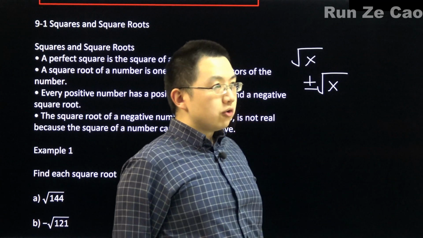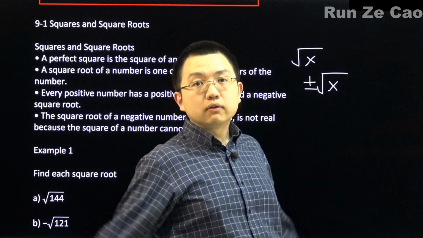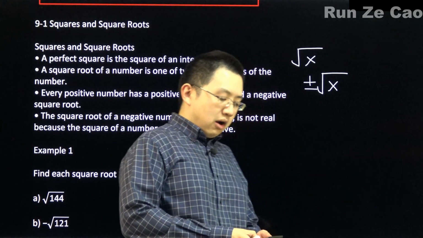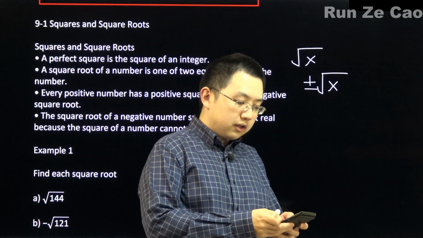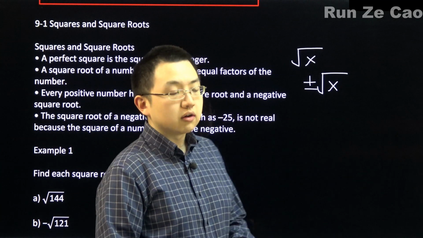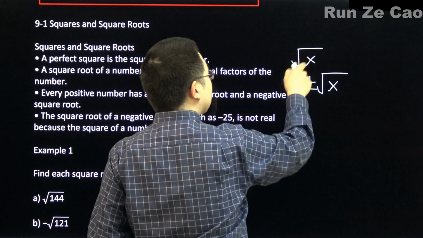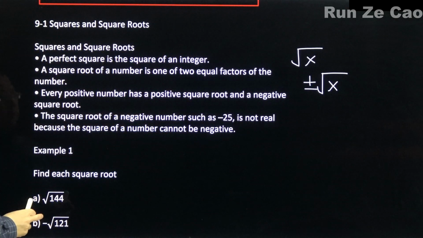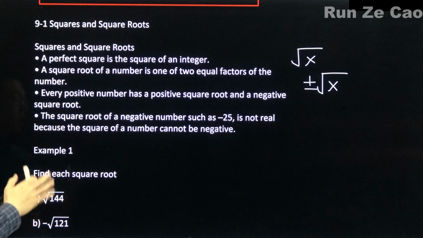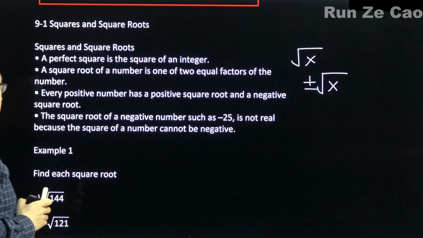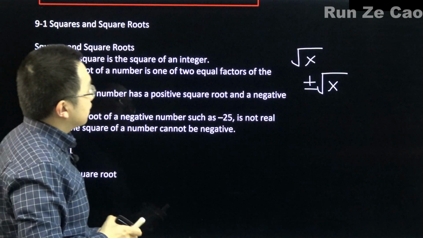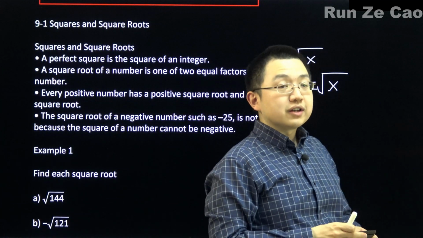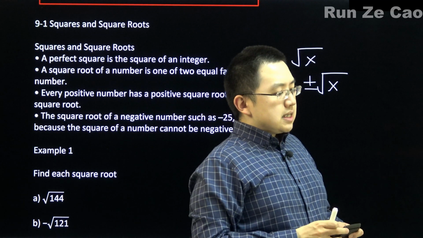Like say, negative 2 times negative 2 is equal to 4. 2 times 2 is equal to 4. But when we press the square root button on, say, our calculator, it always gives us only the positive. In North America, you consider this to mean the positive square root. Now, every positive number has a positive and a negative square root, but for our purposes, we have notation that varies depending on region.